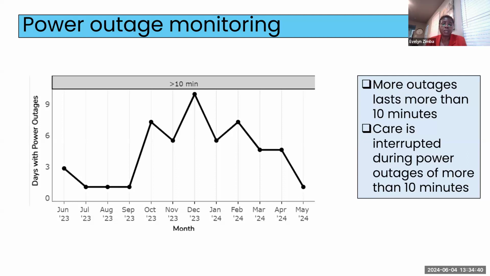So we have information on power outages which last 1 to 2 minutes, 3 to 5 minutes, 6 to 10 minutes, then above 10 minutes. So in this presentation, I should just share the power outages for those episodes which were more than 10 minutes. You can see this is from June 2023 to May 2024.